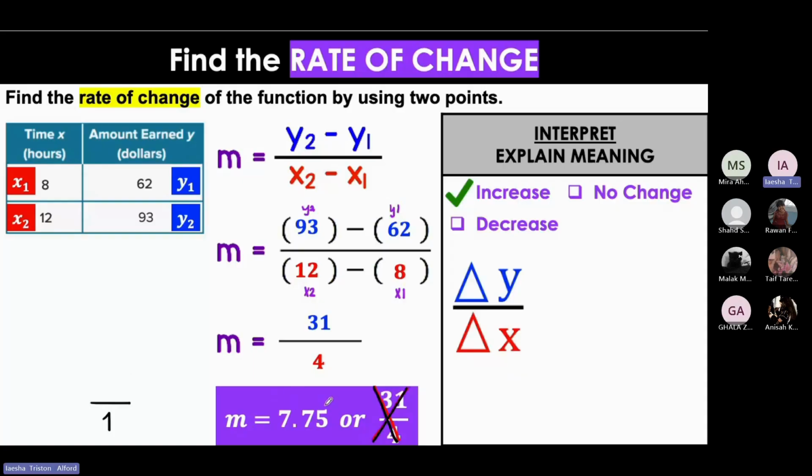So this number, we want to make it a fraction. 7.75 over 1. Now we need the words. The top is about the y, and the bottom is about the x. So what's the word for y?